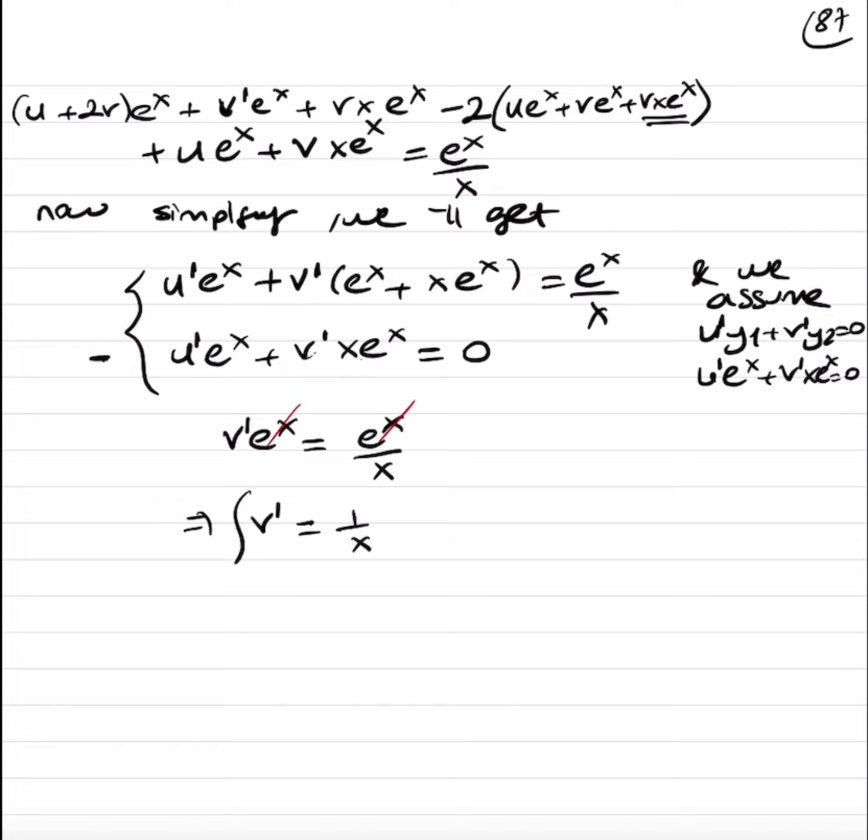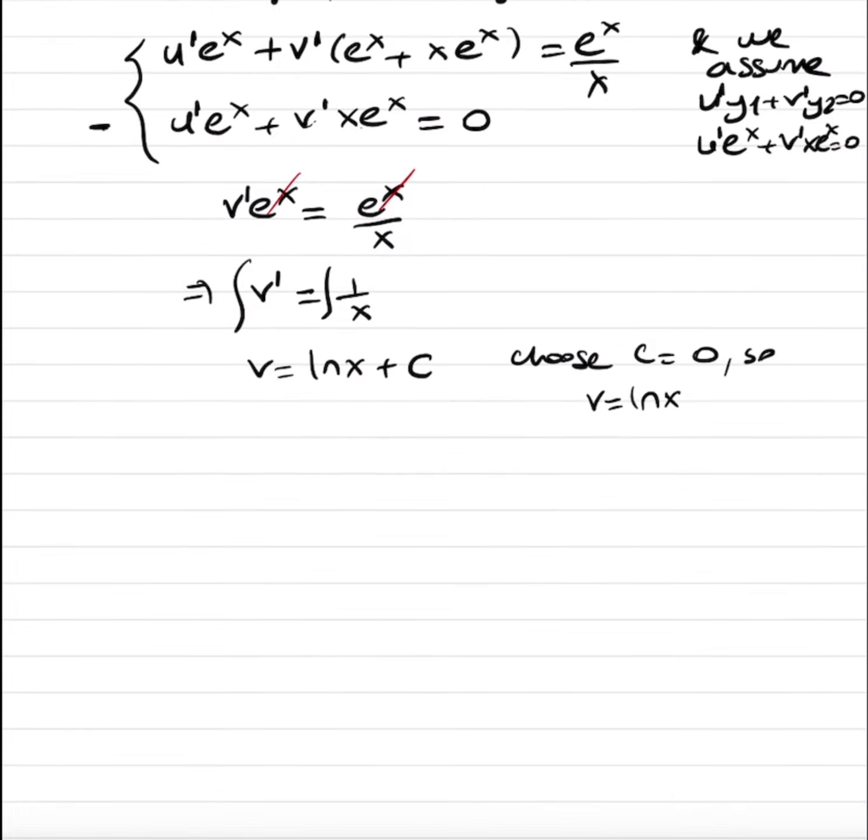Now we can take the integral to find v. So this is ln x plus c, and now we choose c to be equal to 0 because we just want to find one function. So v is equal to ln x.